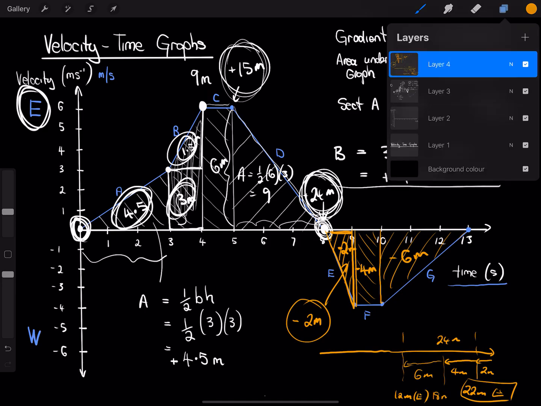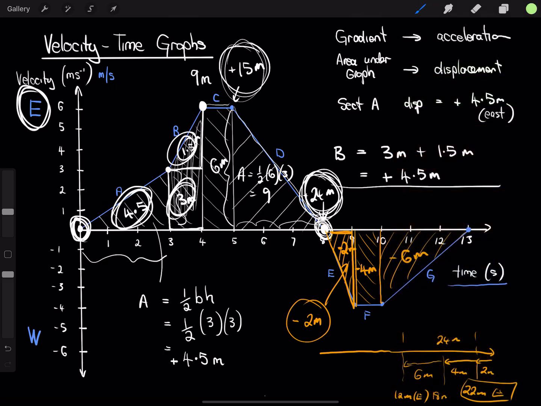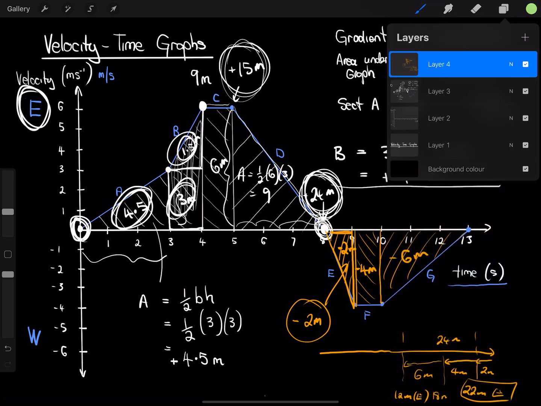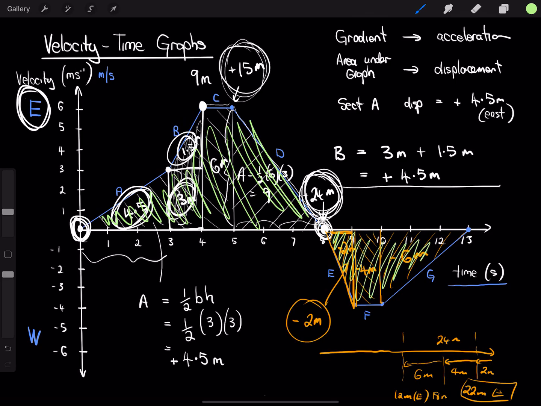So to sum up, what we can see is this object in this section in here, it ended up travelling 24 meters in the easterly direction, and then in the orange section it returned but didn't return all the way because that area is not as big as the initial area.